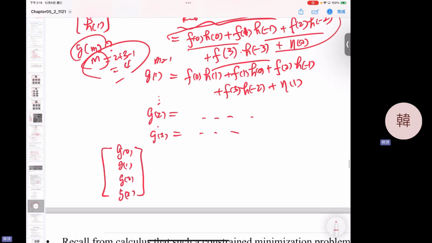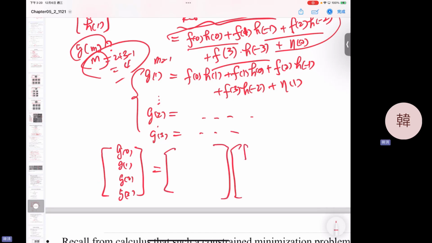Because your original signal has 3 components and your degradation model has 2 components, the result should be 3 plus 2 minus 1. In general, if you have M for your signal and N for your degradation model, it should be M plus N minus 1. If you write up all these components clearly, you can write it in matrix format here.